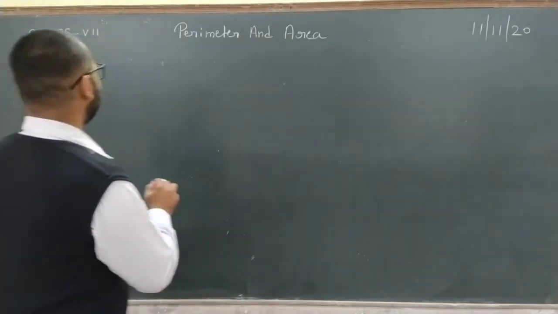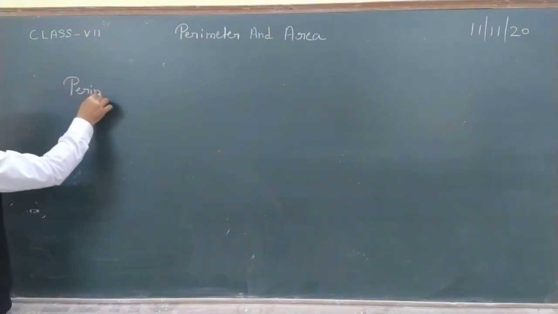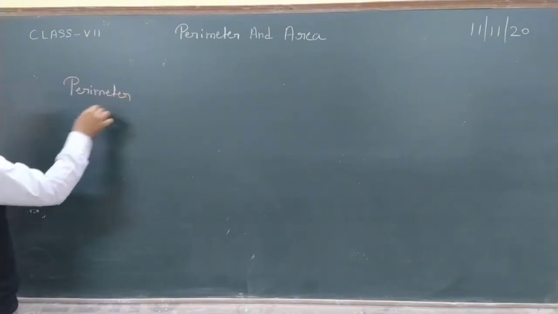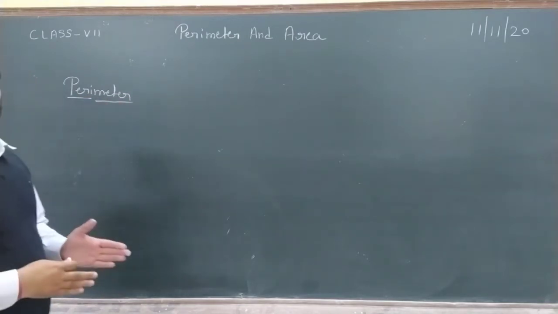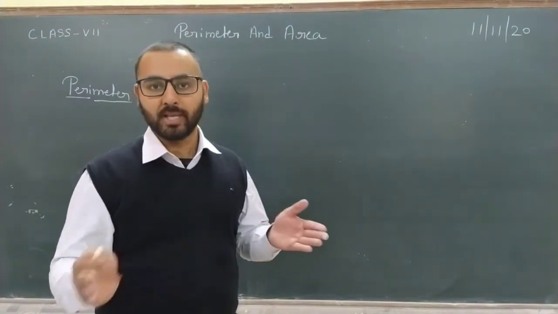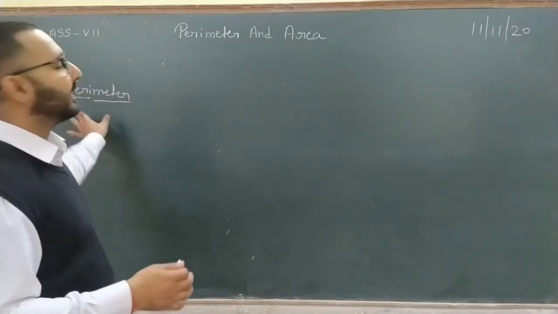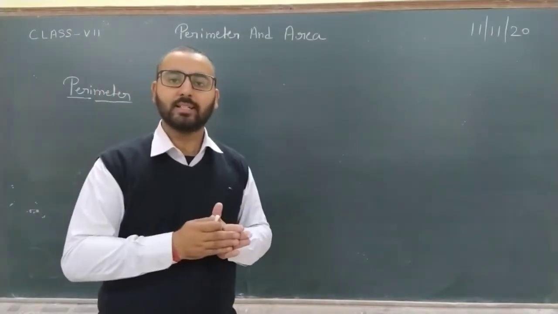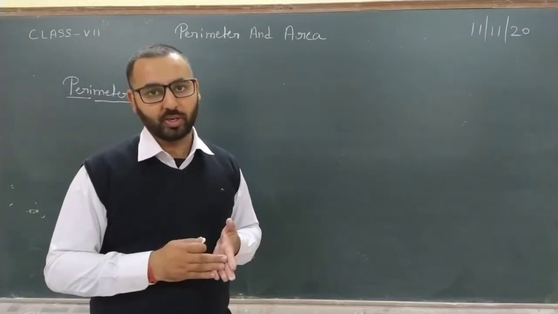Perimeter is a word derived from two words, peri and meter. Peri means around and meter means measure or measurement. So in combined form, perimeter means the measurement of the distance around any closed shape.